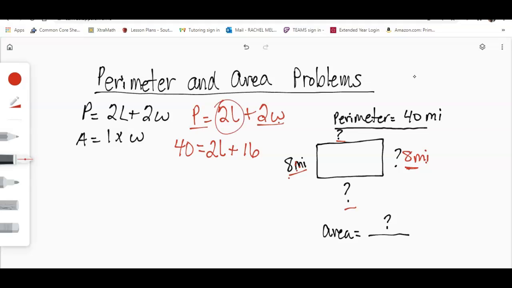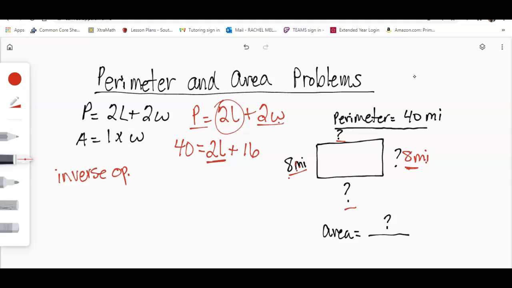Well, now I have to use what we were doing right before Christmas where we were solving equations. So I know that if I want to get this 2L that I don't know yet by itself, I have to get rid of this 16. And remember, that's where our inverse operations come in. Okay, so what is the opposite of addition?